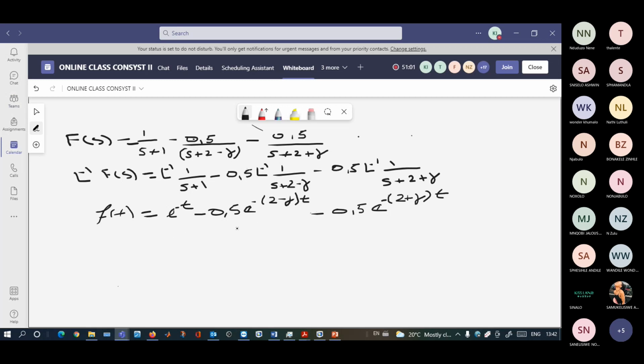So we can still continue solving this one. Then we're going to have e minus t. We can put this one and that one together. Then we're going to see how we also combine these two.